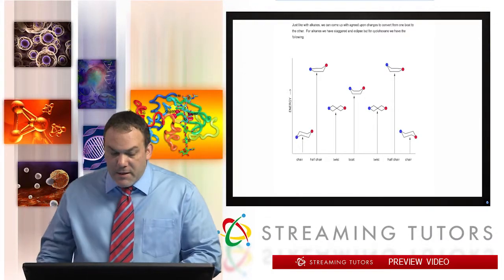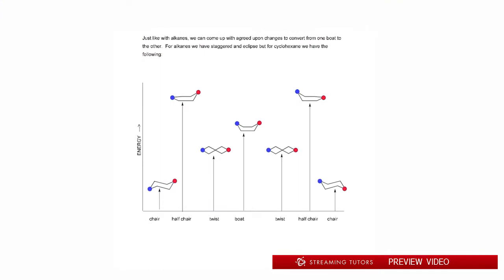That's what we're going to see here. These are the different conformers that we need to know about. Remember how with an alkane, we have eclipsed and staggered, and we went through 60-degree changes to go from eclipsed to staggered over and over again. Well, these are the changes. These are the pictures in time, the snapshots.